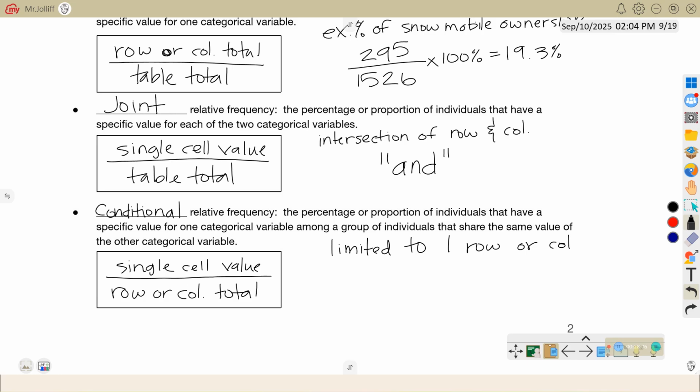Whatever row or column I'm limited to, whatever's determining the denominator of my percent or proportion fraction, is called a condition, which is why this is called a conditional.